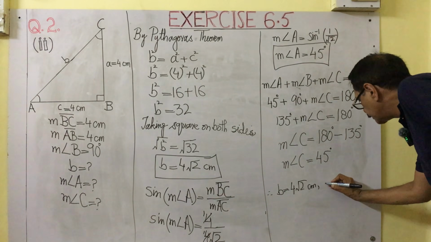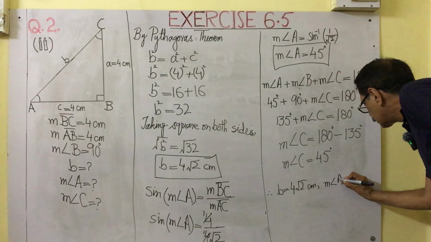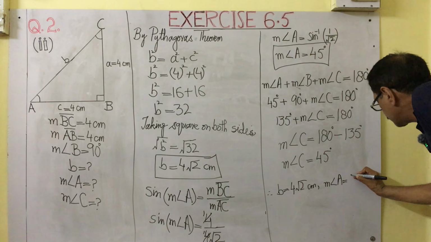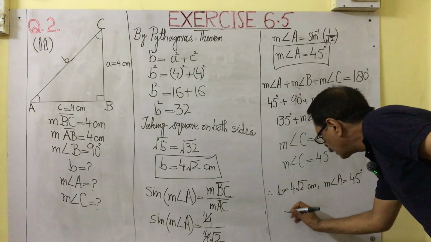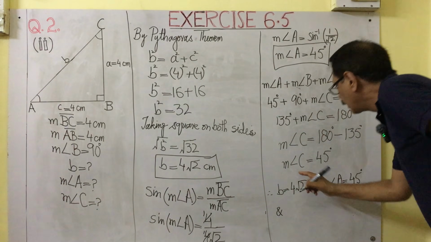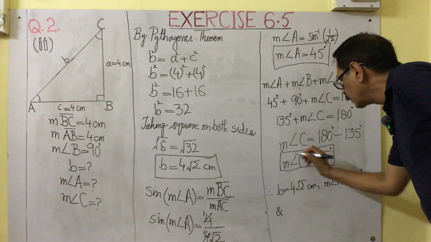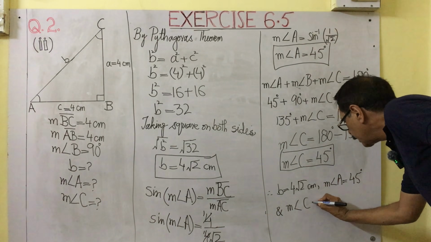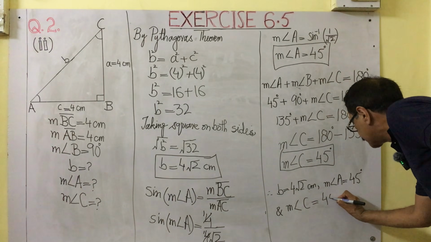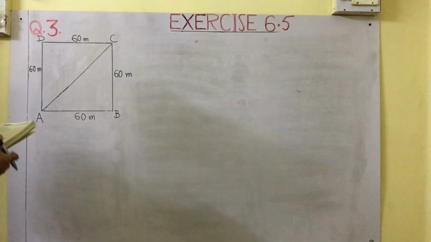Angle A is equal to 45 degrees and angle C is equal to 45 degrees.